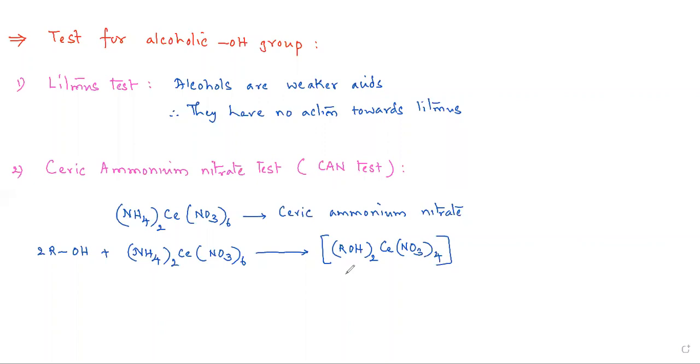This is a pink colored or red colored complex. Along with this, of course, we get ammonium nitrate. Okay. So the color of the complex here is very important.